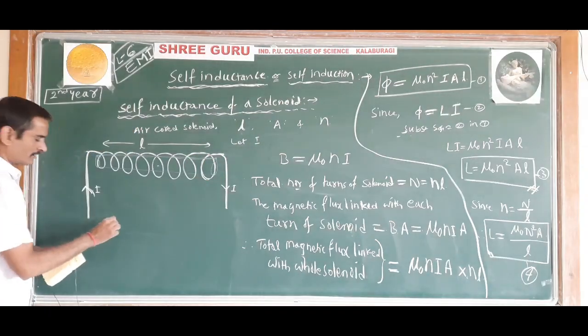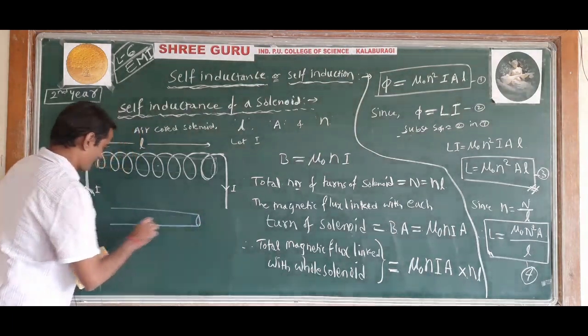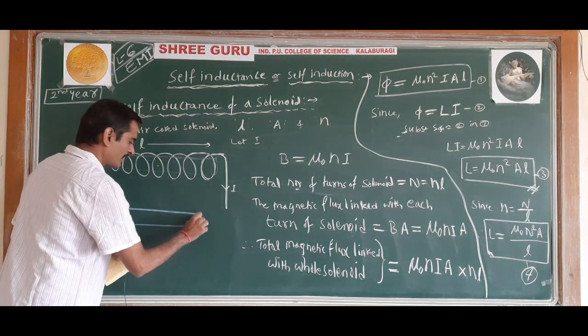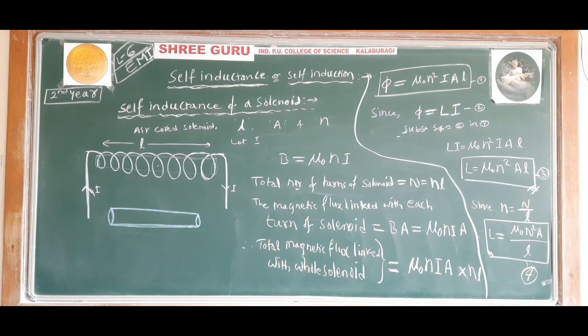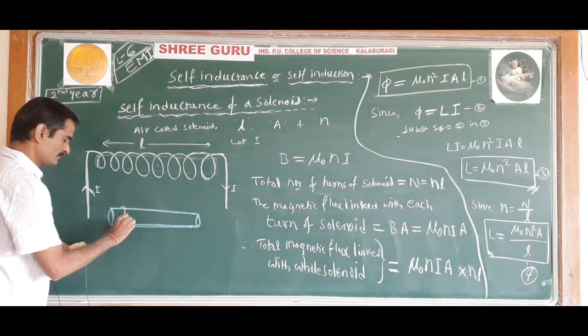So I will draw another diagram. There is a magnetic material, and on this magnetic material the wire is wound, like this.